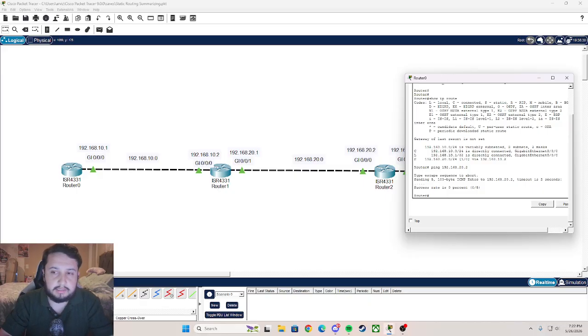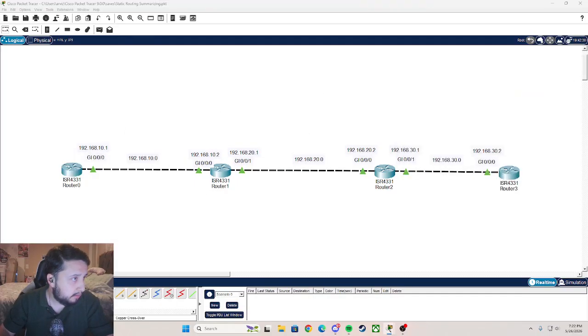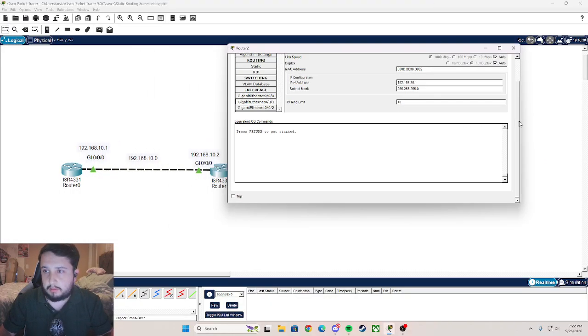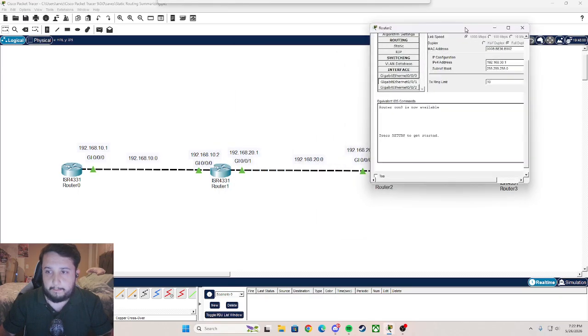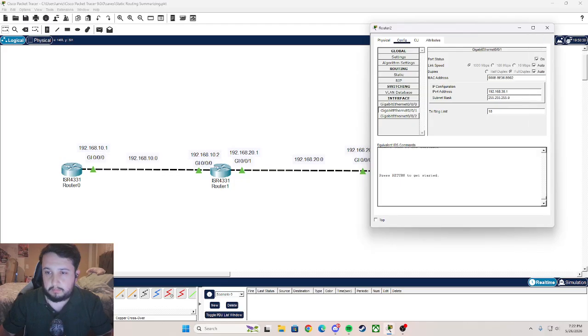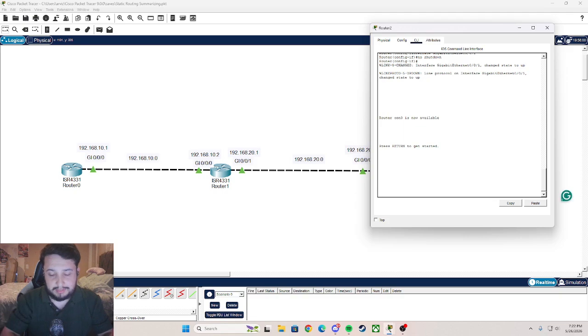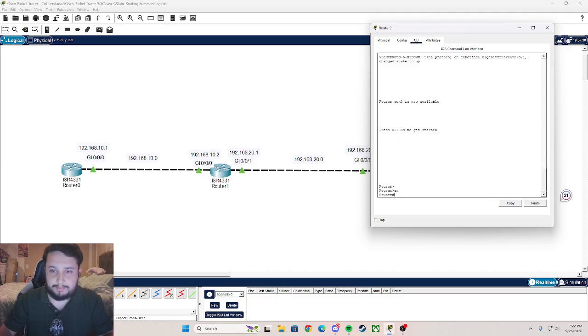The reason for that is because what I just did was one way. I had to set it up to go backwards. So that'd be router 2.